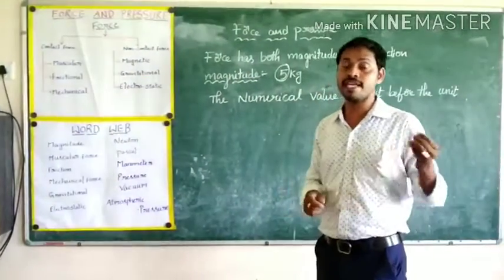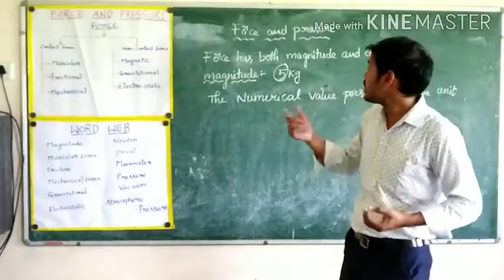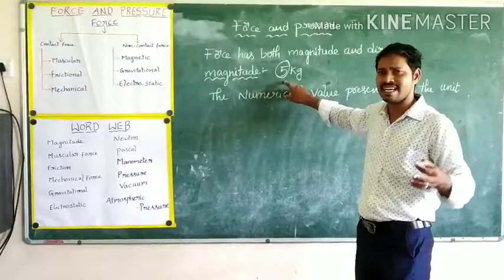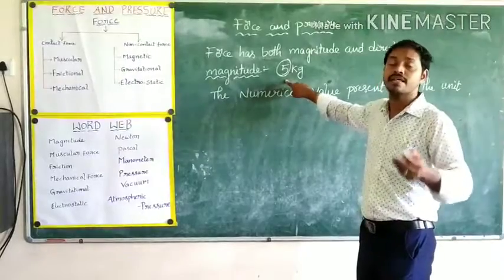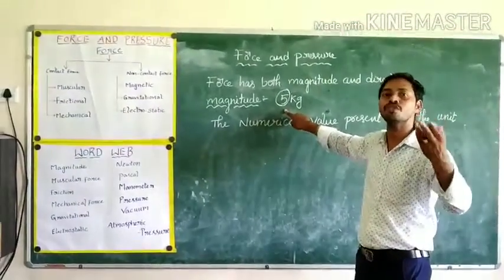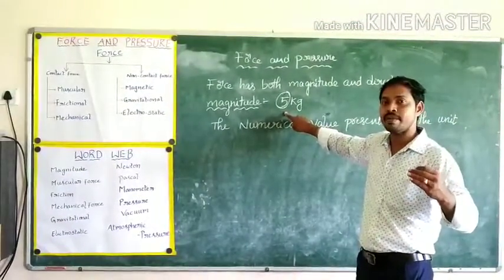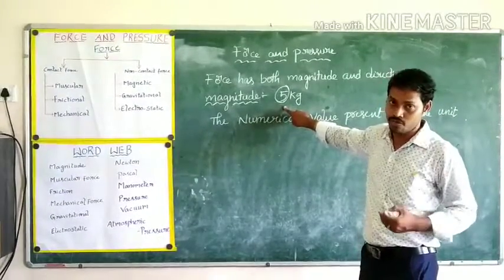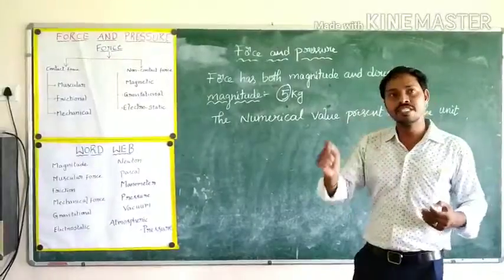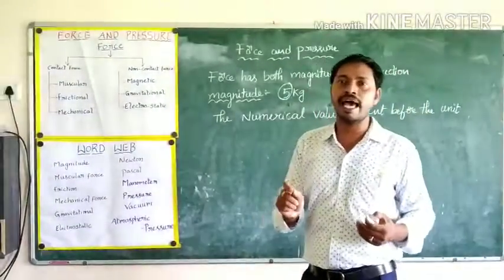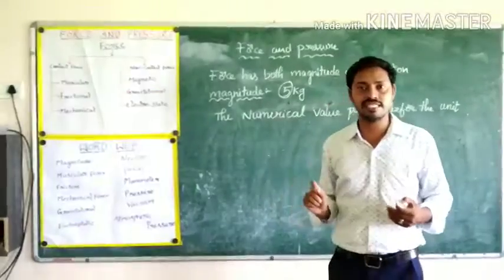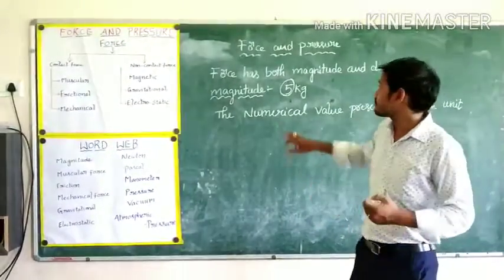You get that? What is magnitude? The numerical value, let it be 1, 2, 3, whatever number is present before the unit, is described as magnitude. So every physical quantity in the universe has magnitude.